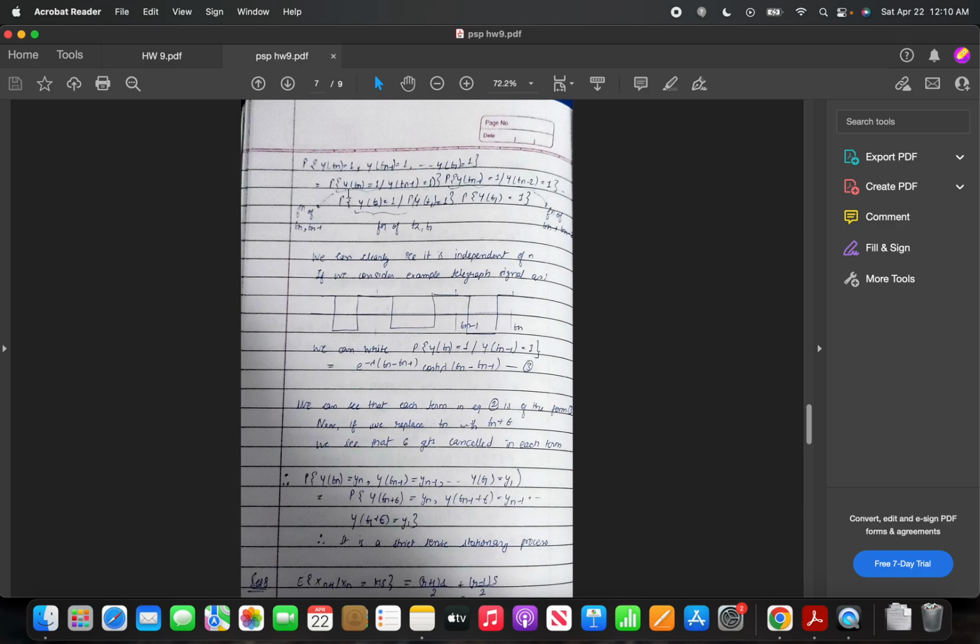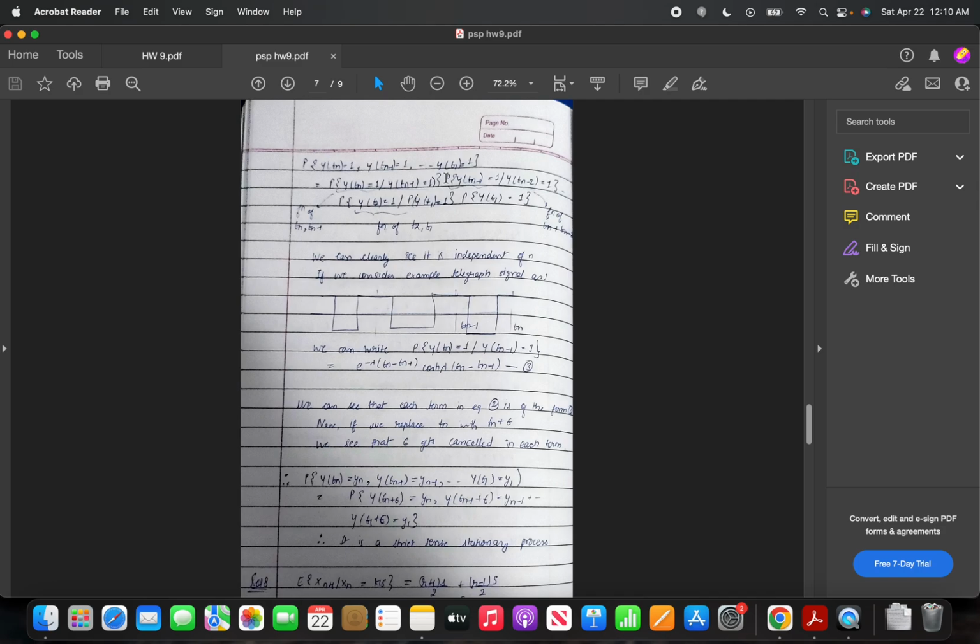So we can write the previous term as the probability of Y(tn) equals 1 given Y(tn-1) equals 1. It will not depend on any other values, which is tn-2 and so on.